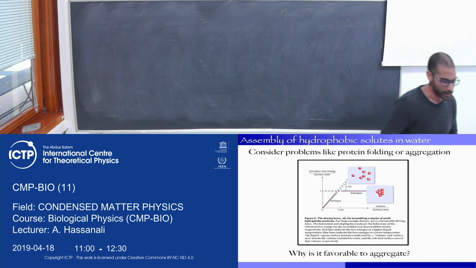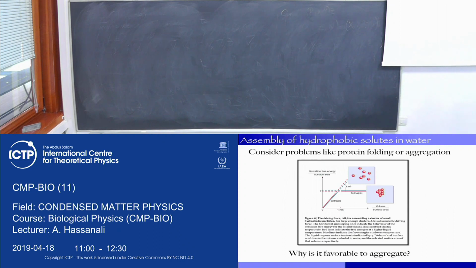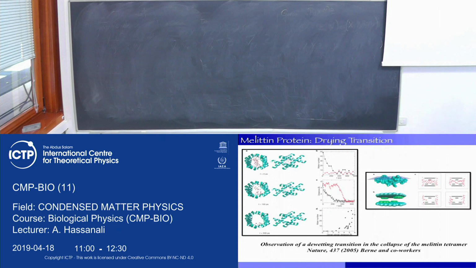Okay, so, well, you might be saying now, how the hell is this relevant to biology? So I haven't said anything about biological systems. So let me try and show you why it is relevant to biology. So this is melittin, a protein.